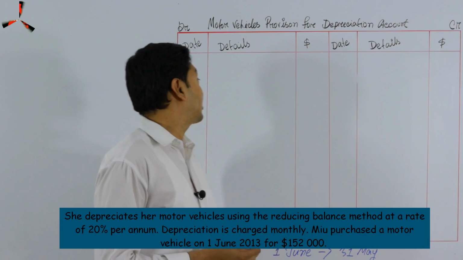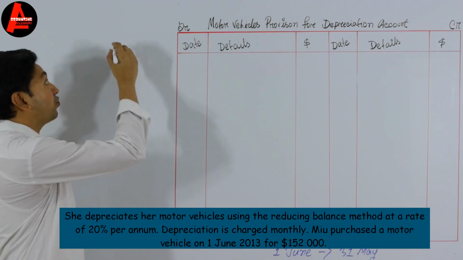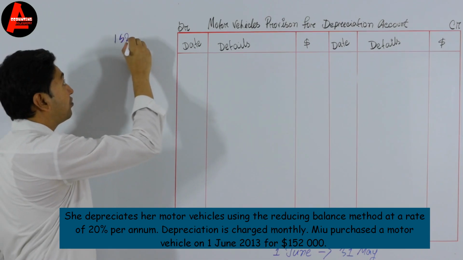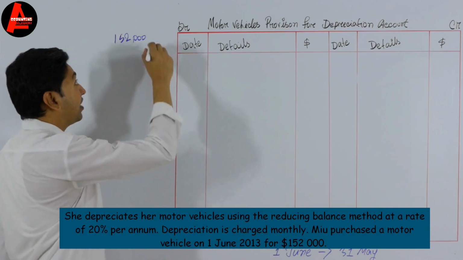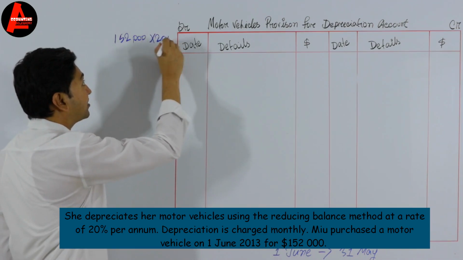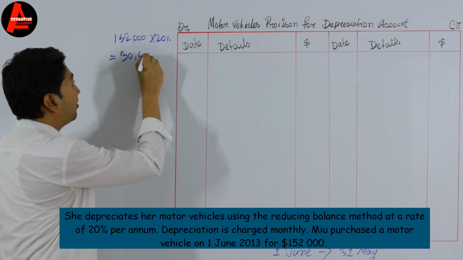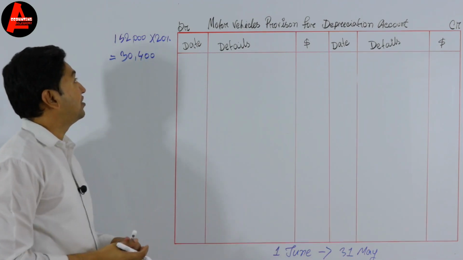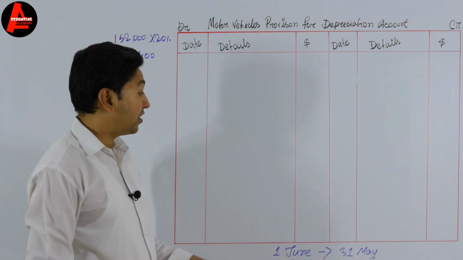The cost price of the asset was $152,000 and the rate of depreciation is 20%, so it is $30,400. This is the depreciation for the year ended 31st May 2014.